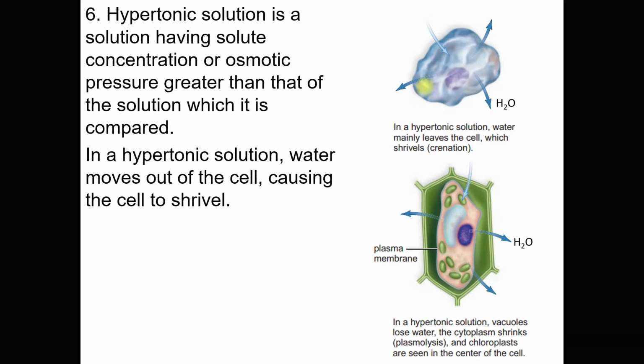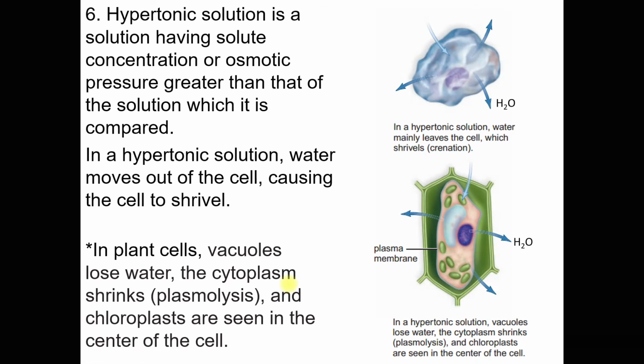Another word for shrivel is crenation, or crenated. As you can see in this diagram, a hypertonic solution means the solute concentration is higher in the solution compared with the cell. So water will diffuse out by osmosis from the cell into the hypertonic solution.